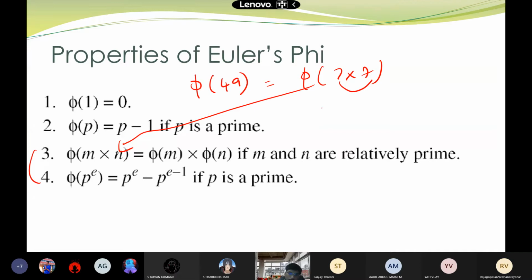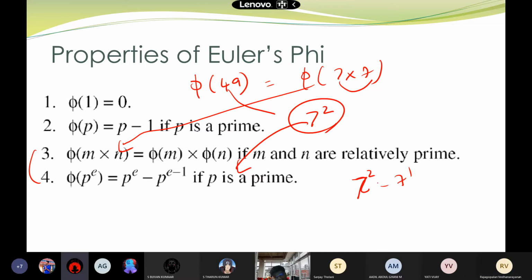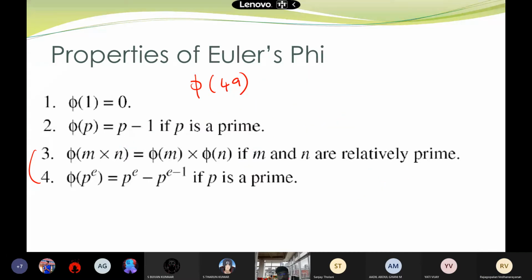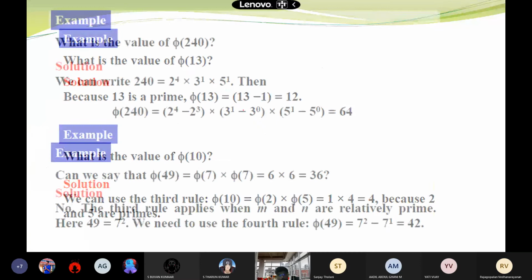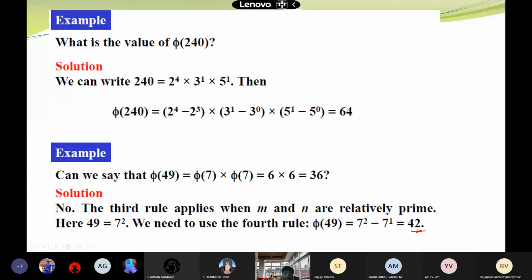So you have to express 49 as 7 square, where 7 is a prime, and then use 7 square minus 7 power 1. What is the value? 49 minus 7, 42. Yes, 42. So the number of elements in that set that are relatively prime to 49 is 42. I hope you're able to understand.